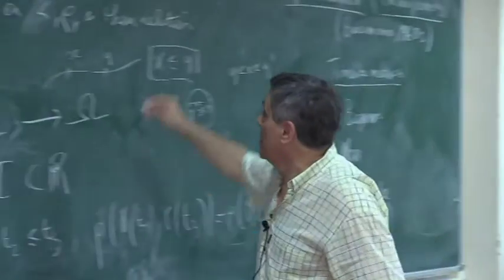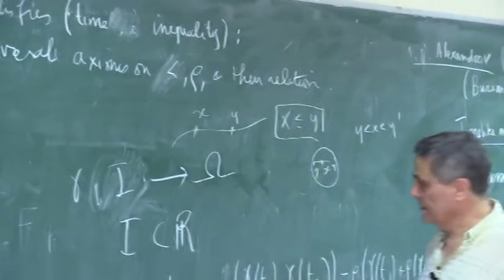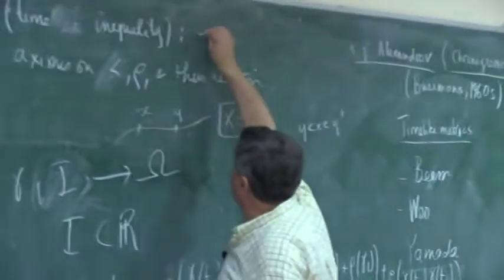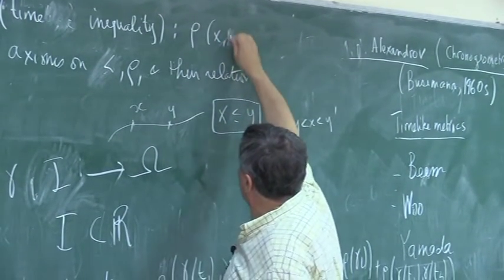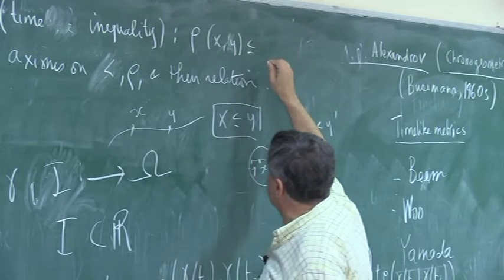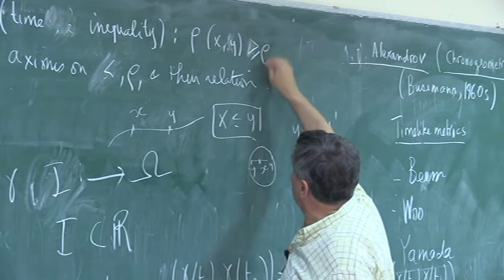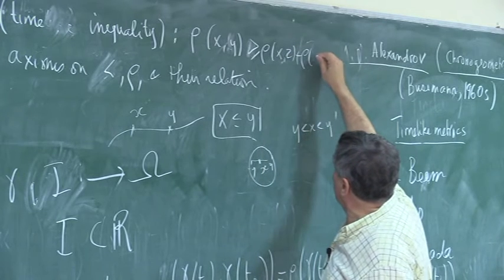I have the time inequality, and the time inequality says, so again as before, we take rho xy greater than or equal to rho xz plus rho zy.